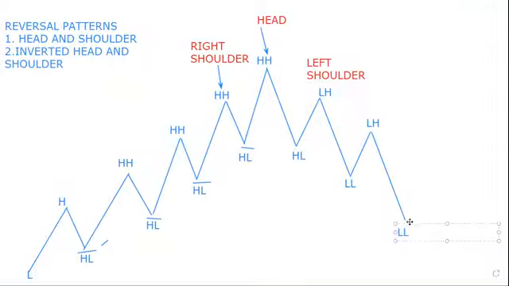We need to see a lower high. So when we see the price has moved from here to here to form a new low around this region, we know a retracement has to occur.